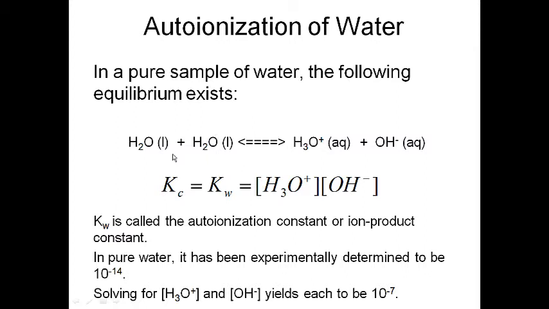Well, if you have water, or actually any solvent, a solvent that has a proton, when we react two water molecules together, we can get the autoionization equilibrium where one water donates a proton to the other water, producing H3O plus and OH minus.